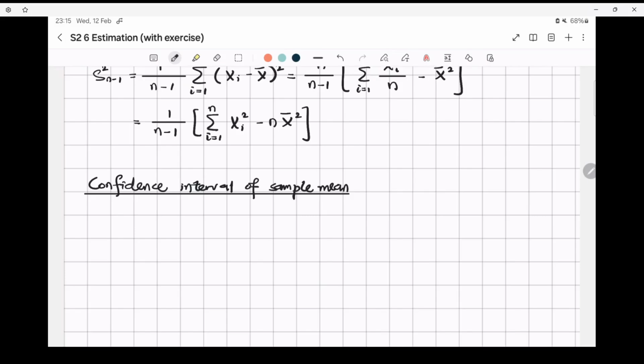Okay, so before that, when you look at hypothesis testing, what you actually use is only one parameter.